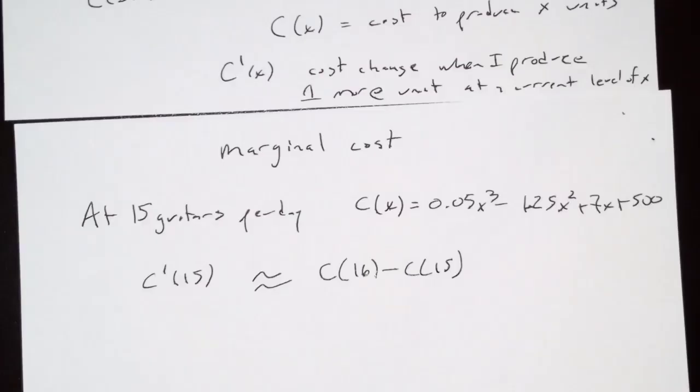Roughly. If I am at a production level of 500 and I do C prime of 500, that should be roughly the difference between the cost at 501 and the cost at 500.